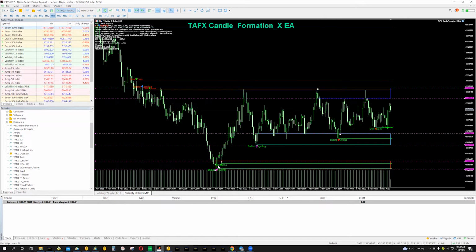So in the small time frame, it will only be looking for a super zone or a supply and demand zone, then a pullback or a candle formation.